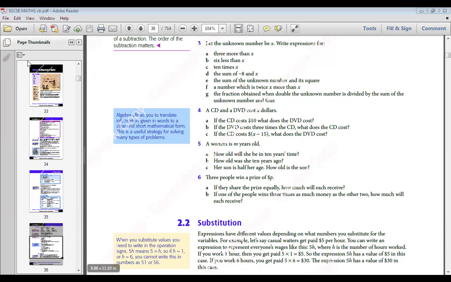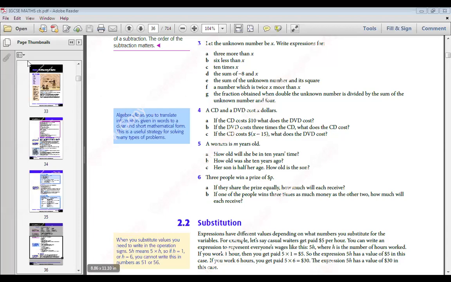Yes, sir. So question number 5. A woman is m years old. How old will she be in 10 years time? Now the present age of the woman is m years.